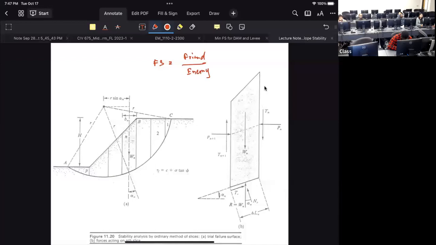Yes, but how about if you bring equipment on top of the slope? Let's say you bring a rig on top of the slope. What might happen? You just throw an excavator here. Is it good?